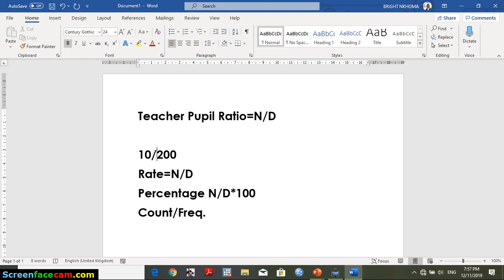You can also look at, if possible, a book-to-pupil ratio, which you can have as an indicator you want to measure. Per book, how many pupils do we have who are going to be accessing this book?